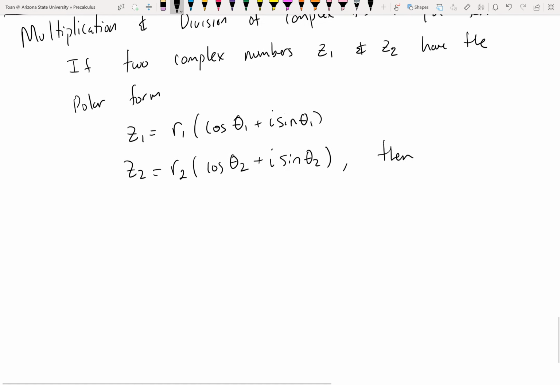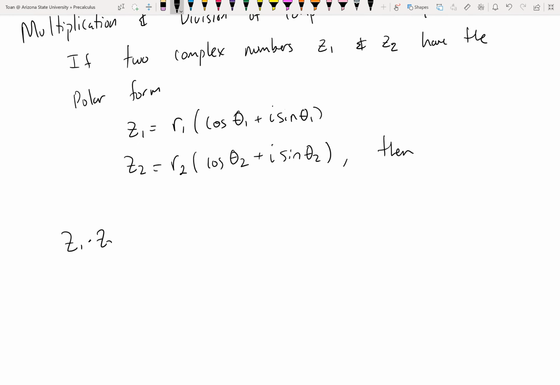Then, if I wanted to multiply them, all you have to do is multiply the r's and add the angles.